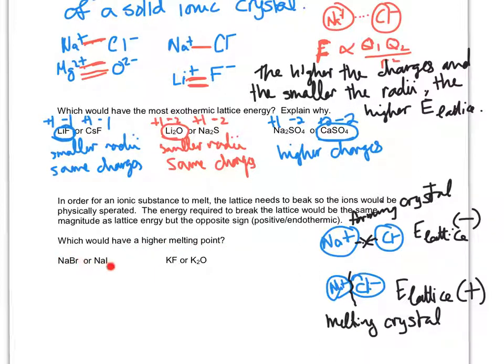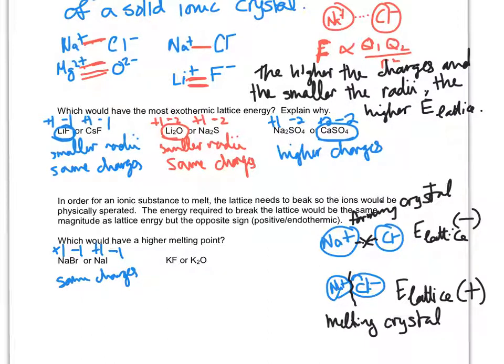So let's look at these here. So I have NaBr and NaI. Remember, when it comes to lattice energy, what's the most important thing? The charges. So +1 and -1. This one's +1 and -1. So same charges, same cation as well.